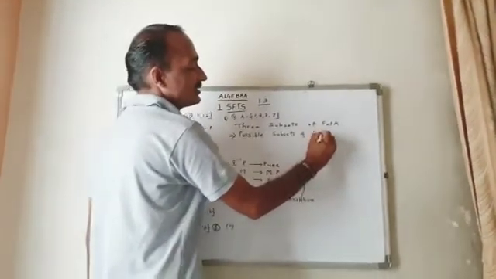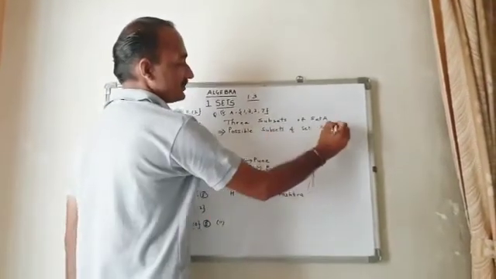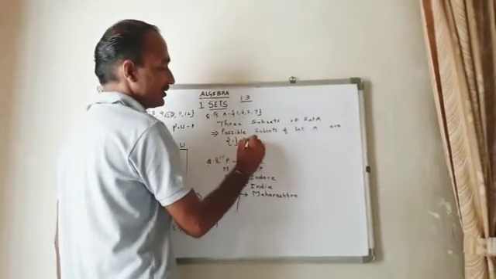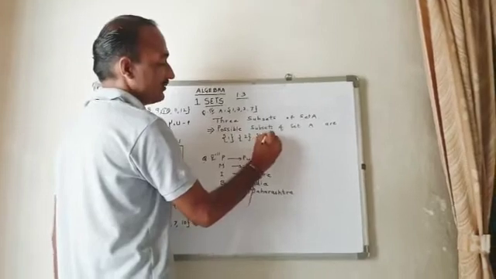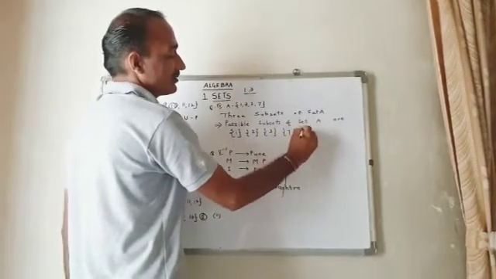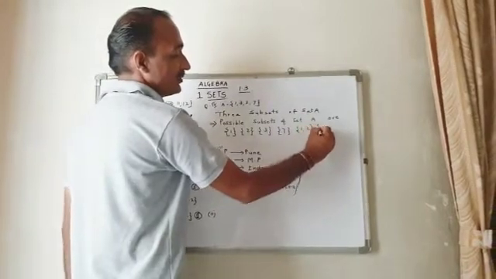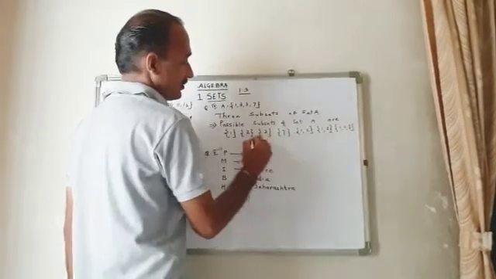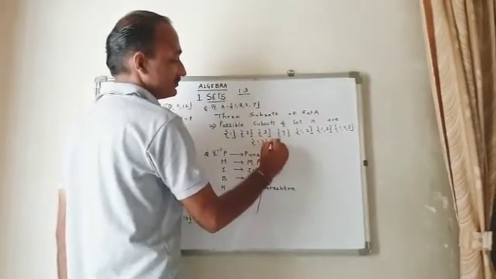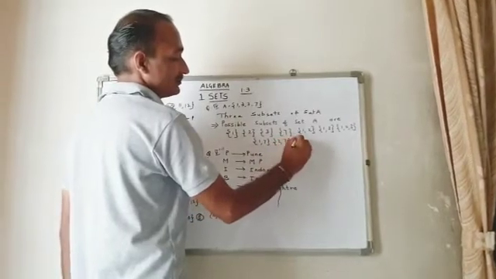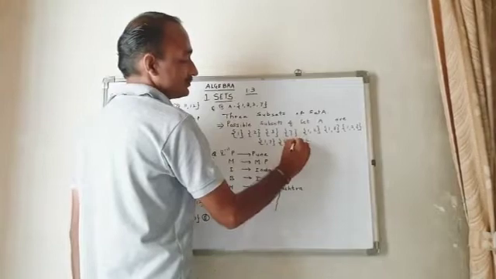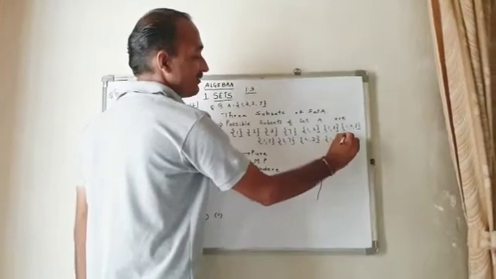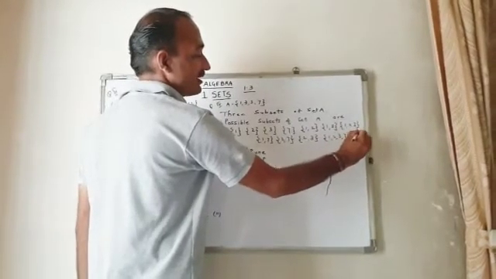Of set A are 1, 2, 3, 7, 1, 2, 1, 3, 1, 2, 3, 1, 7, 2, 7, 2, 3, 1, 2, 3, 7, 2, 7.